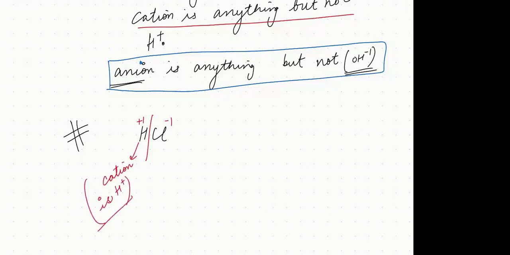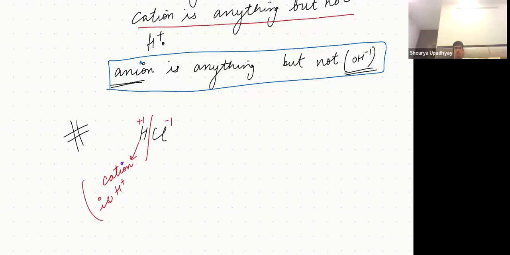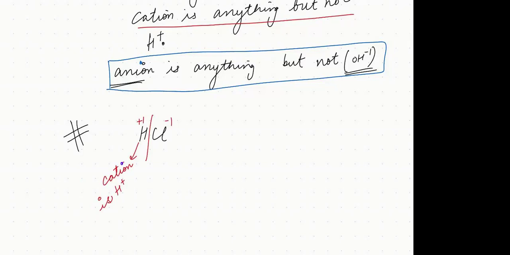If cation is H plus, what does that mean? H is a positive ion. Right. So this is an acid.